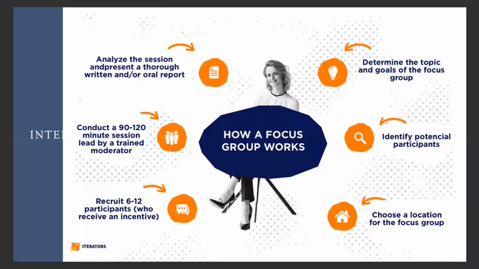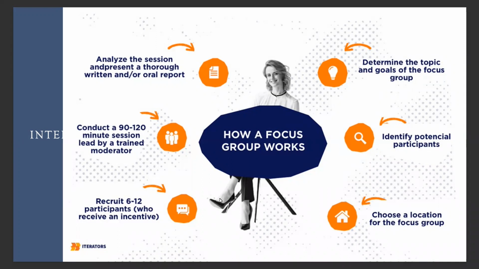This is another example of how you might plan a focus group study. In a focus group, you analyze the session and present it through a written or oral report. You determine the topic and different goals of the focus group beforehand. You choose a location for the focus group.